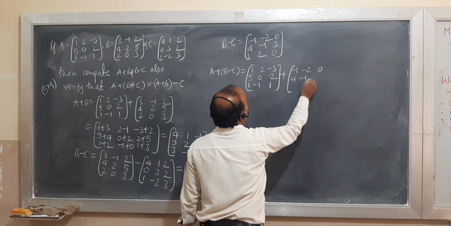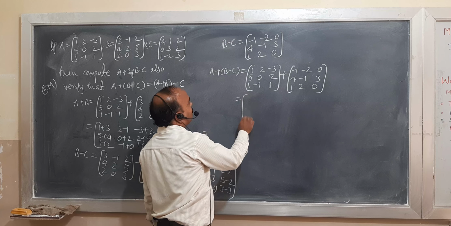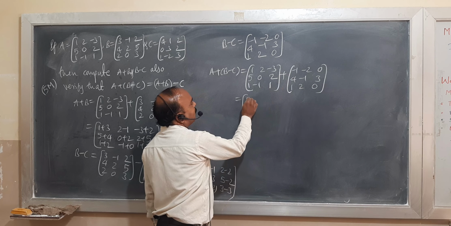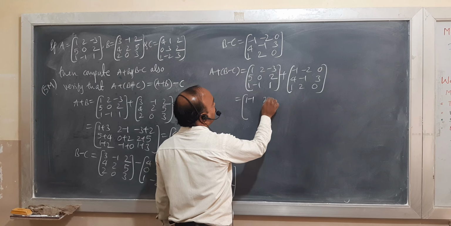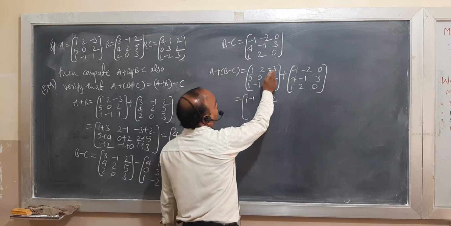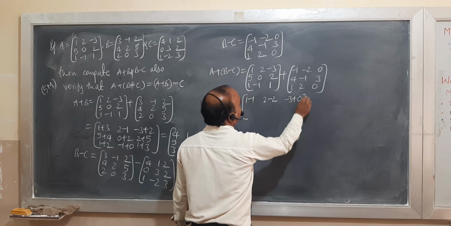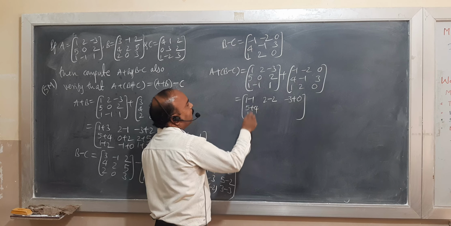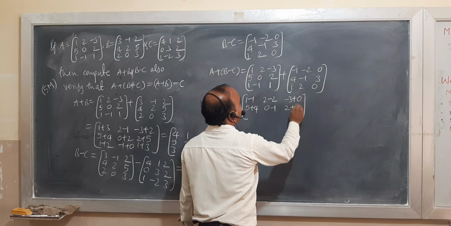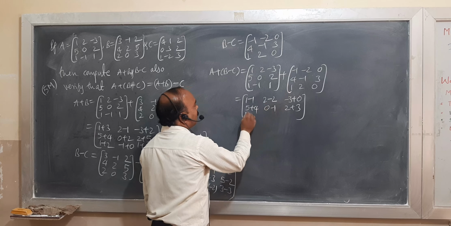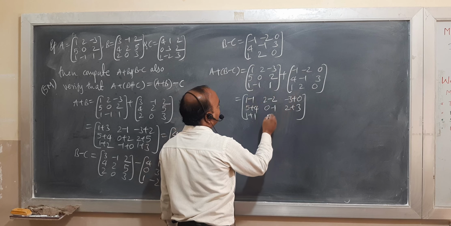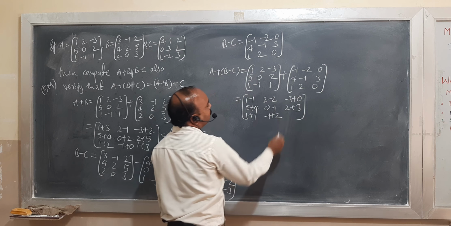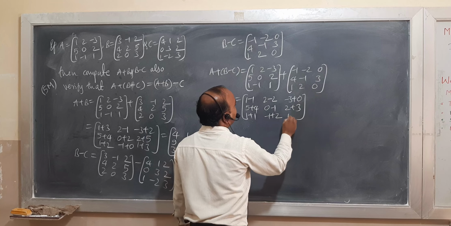Now you can add these two matrices. Now 1 with minus 1, that is 1 minus 1, 2 minus 2, it is minus 3 plus 0, 5 with 4, 5 plus 4, 0 minus 1, because plus into minus 1 is minus 1, 2 with 3, 2 plus 3, 1 with 1, 1 plus 1, minus 1 plus 2, it is 1 plus 0.